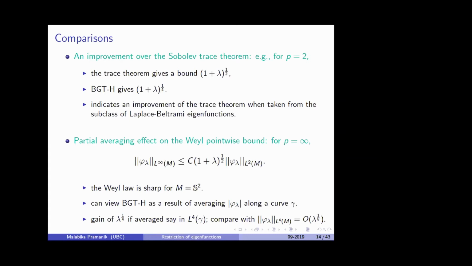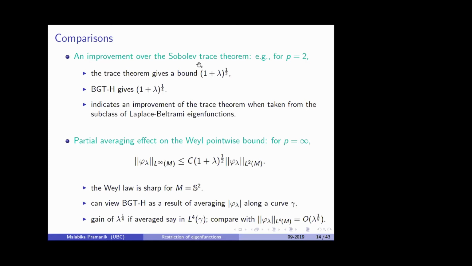How should one interpret the result of Burq, Gérard, Tzvetkov, and Hu? One way to view it is as an improvement over the Sobolev trace theorem, which gives bounds for general Sobolev functions when restricted to the boundary on a manifold.